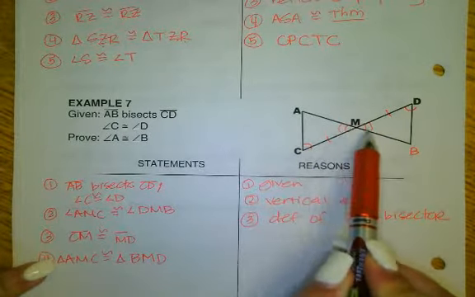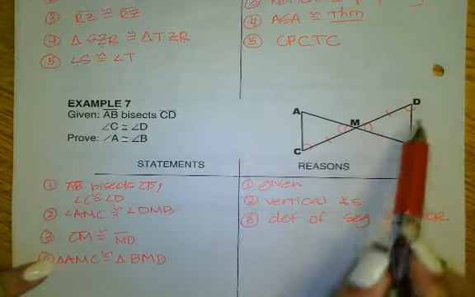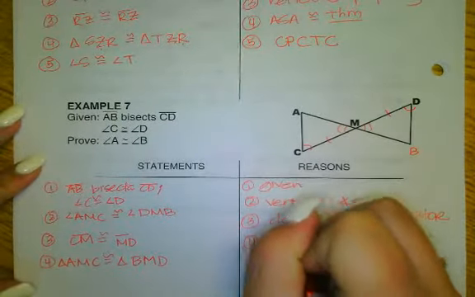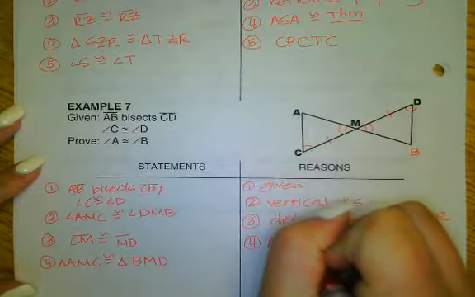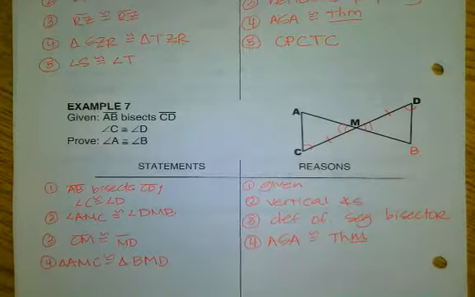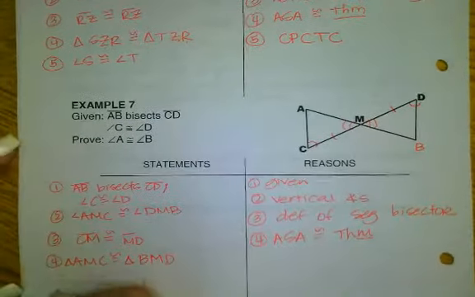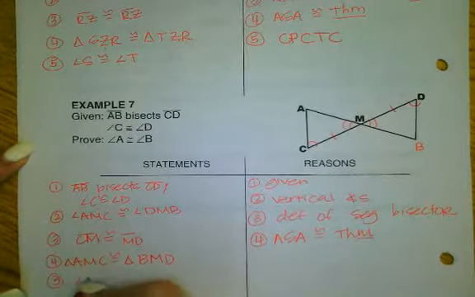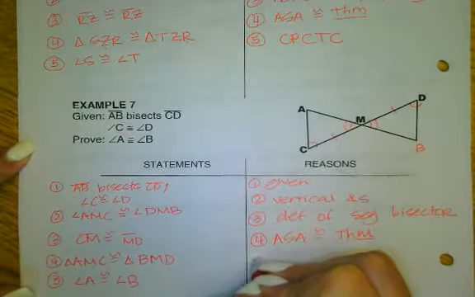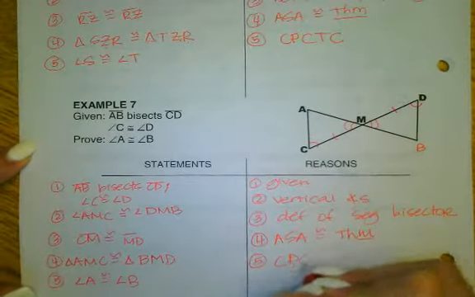Match up your angles. And why would be the reason? Angle side angle congruence theorem. So then our next step is what? Angle A is congruent to angle B, because of... See, look at y'all. Y'all remembered it. CPCTC.